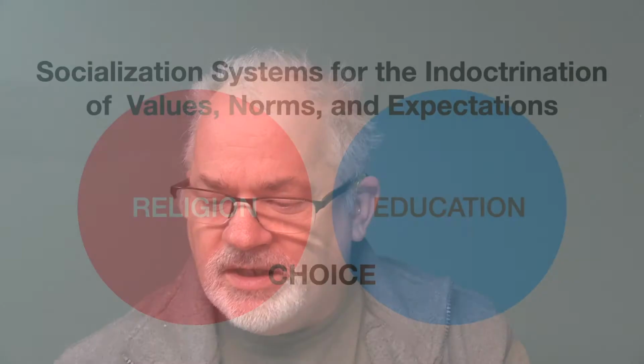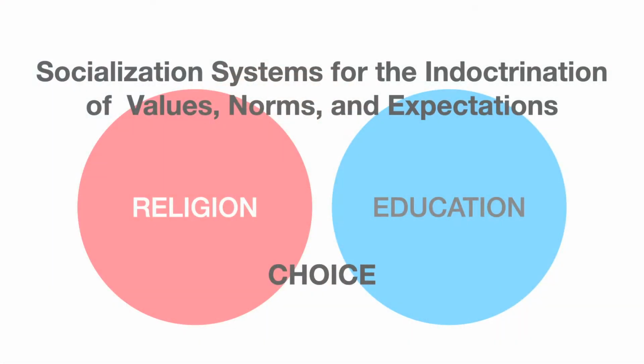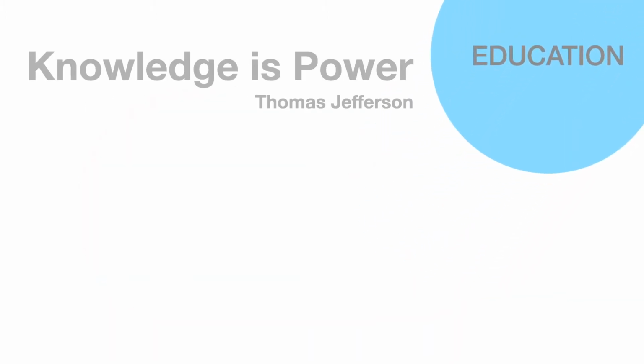Clearly they weren't, because you're here, but you certainly had choices. So this framework of how we approached religion applies to education, just simply different mechanisms for the indoctrination of values, norms, and expectations. So knowledge, according to Thomas Jefferson, knowledge is power.